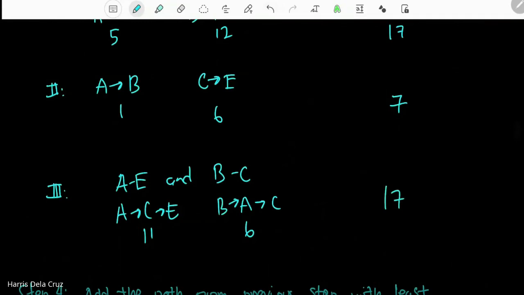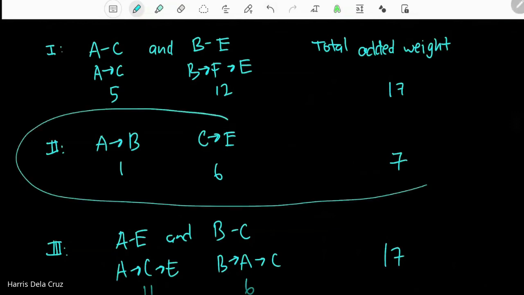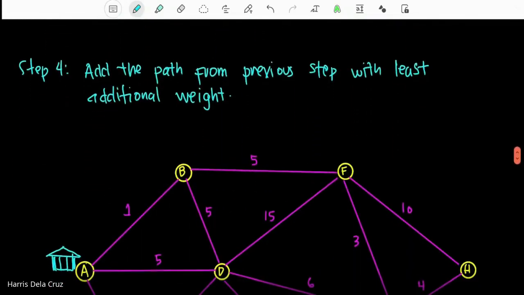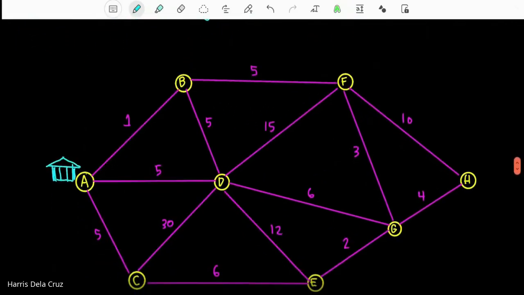So of this possible scenario, the path or the pair with the smallest additional weight is scenario 2, where you have the path from A to B and C to E. Since that has the smallest additional weight, the next step is to add that path to make this graph Eulerian.